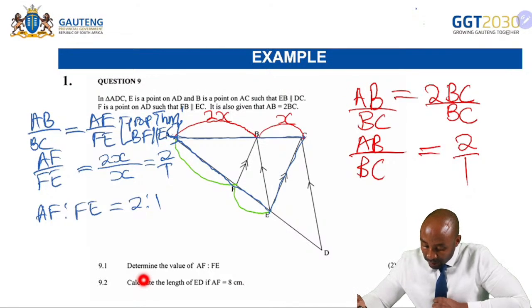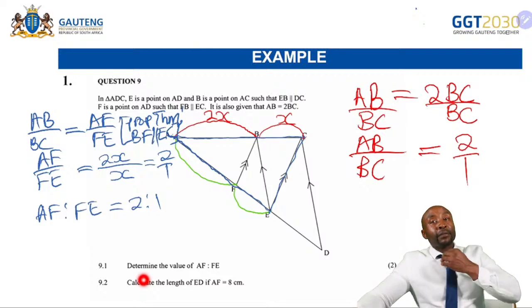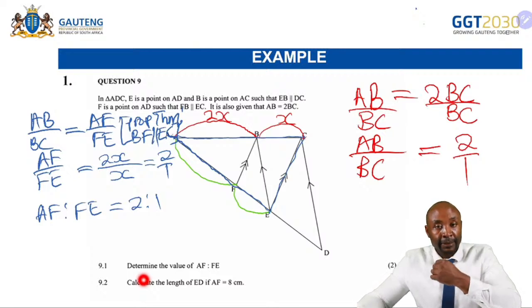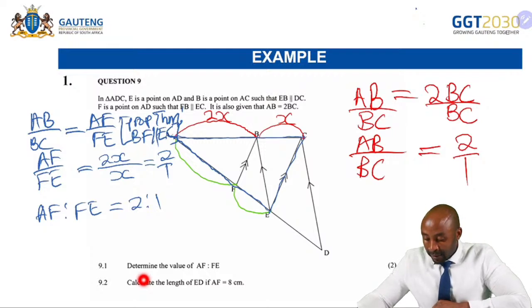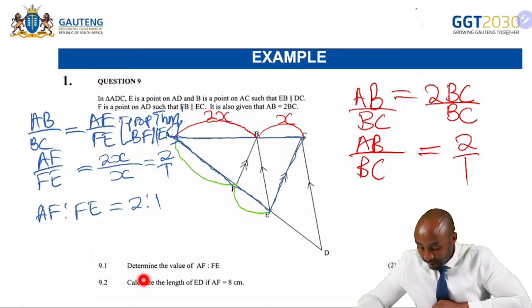Now, let us look at 9.2. It says calculate the length of ED if AF is 8 centimeters. What is our starting point to help us answer this particular question? We've managed to get the ratio for AF to FE as 2:1.